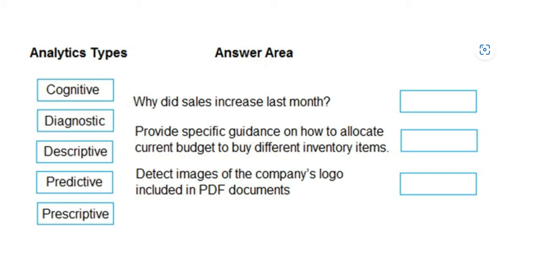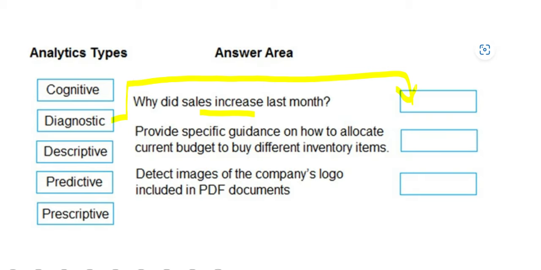So when you say, why did the sales increase last month? What you're necessarily doing is running a diagnostic check here. You're kind of taking an X-ray, doing some scans to understand the pain point, like why did the sales increase?